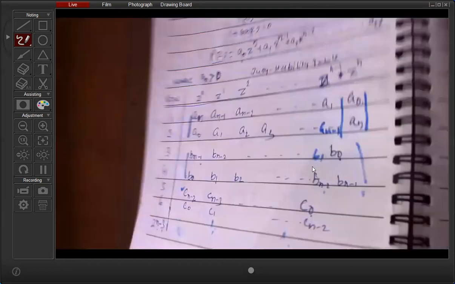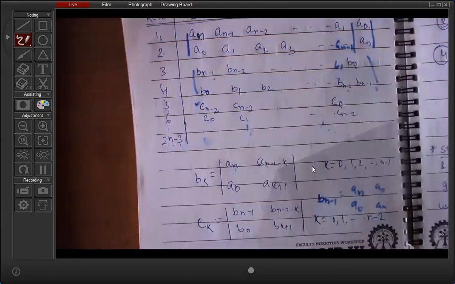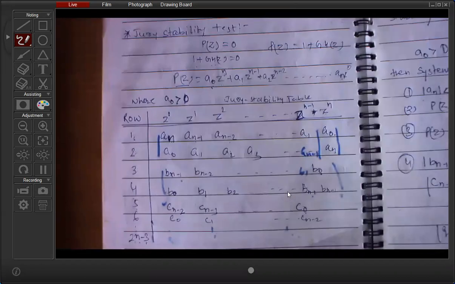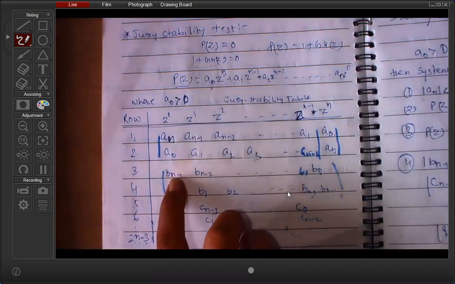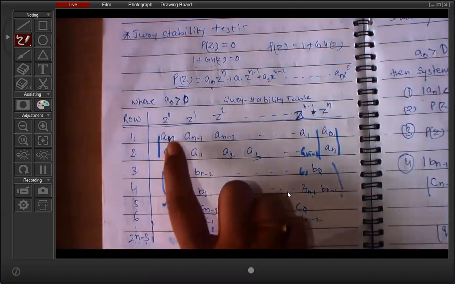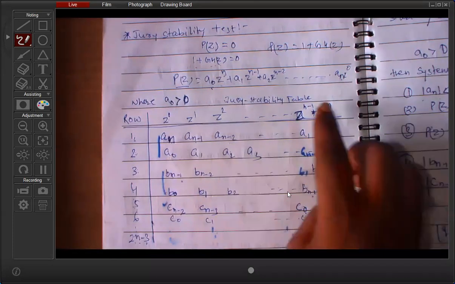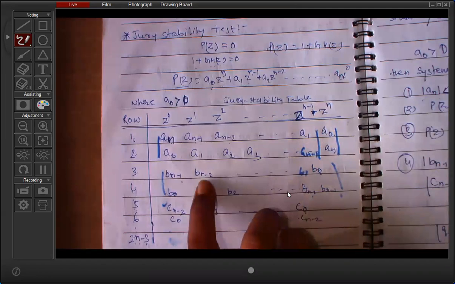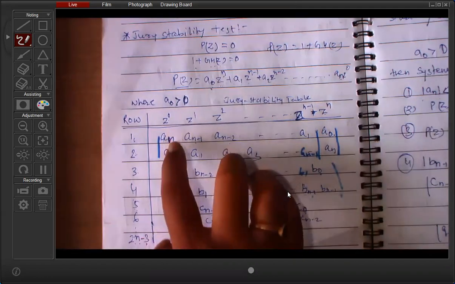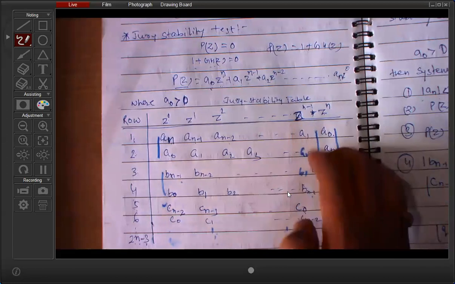As I told you in the last class, the general formula for the coefficients of the third row is bk equal to the determinant of an, an minus 1 minus k, and a0, a k plus 1. That means the value of b(n minus 1) is equal to the determinant of an, a0, a1. Again the value of b(n minus 2) is equal to the determinant of an, a0, and a1, an minus 1.